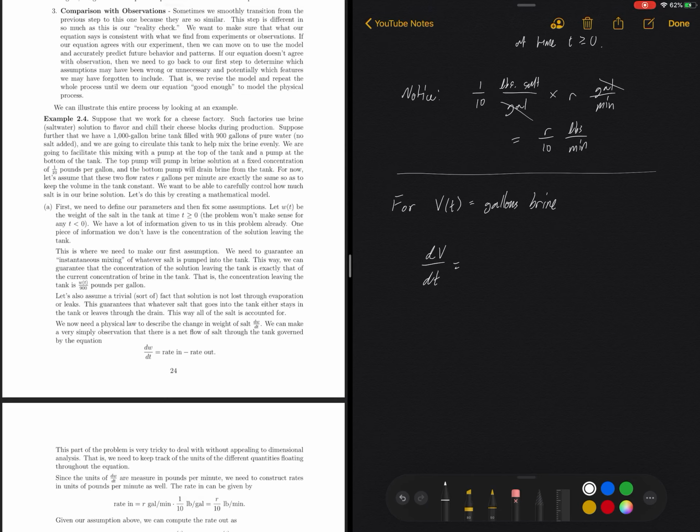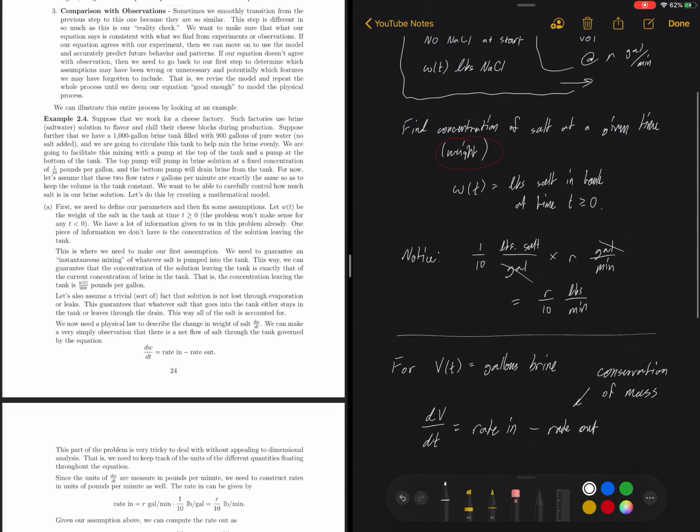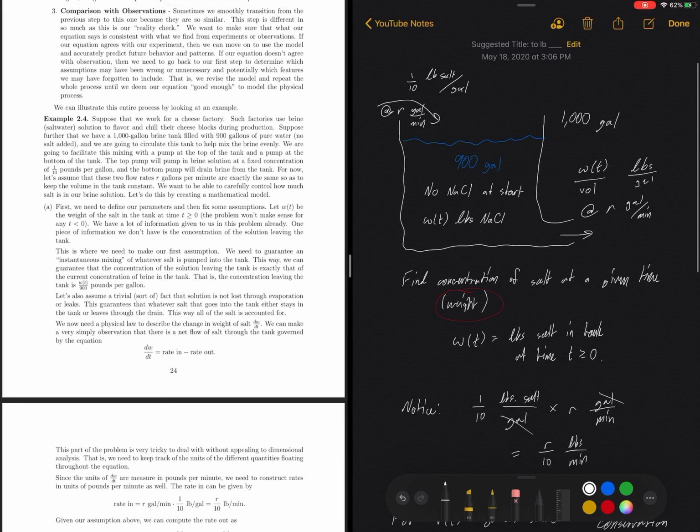So we do know, based on this very simple law, that dV/dt, how much the water content changes, is based on how much comes in, and we take away how much is leaving. This is a simple manifestation of conservation of mass, a physical law that we are expressing as a differential equation.